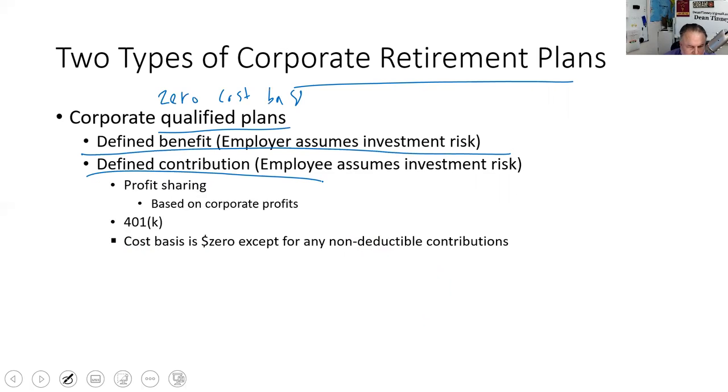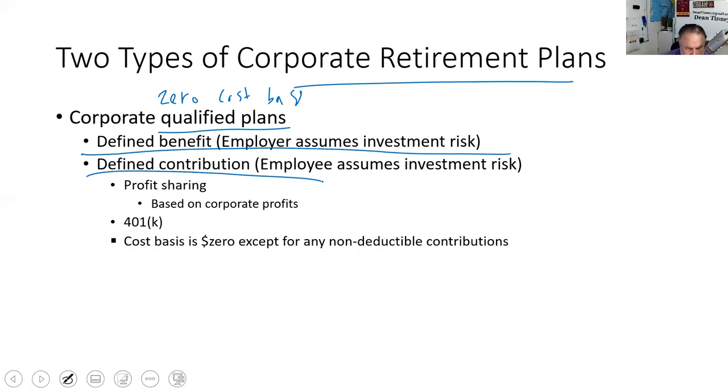I joke, this is like what your granddad got. This is where we tell the employee that after 20 years, we're going to give them a percentage of their base pay and health care for the rest of their life. And that means the employer is going to assume the investment risk. Most employers today have gone to a defined contribution plan where we define to you as an employee what we're going to contribute on your behalf.